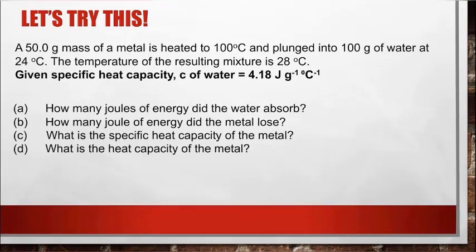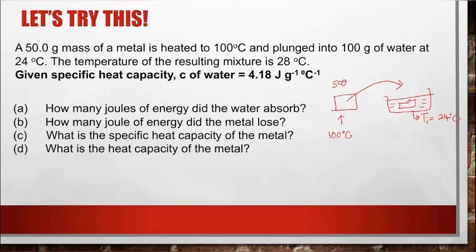To answer this kind of question, you have to understand the situation given. What happened in the question is a 50 grams metal is heated up to 100 degrees Celsius, and then this metal is plunged into water with an initial temperature of 24 degrees Celsius.